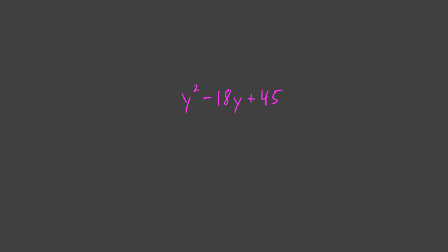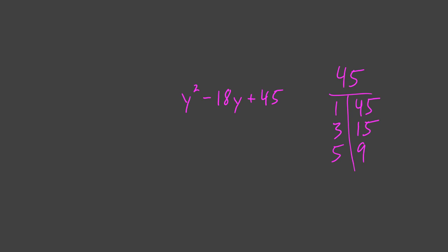y squared minus 18y plus 45. Factors of 45: 1 and 45. Not 2. 3 goes into 45 15 times. 4, no. I know 5 goes in, 5 times 9. 6, no, 7, 8, nope.